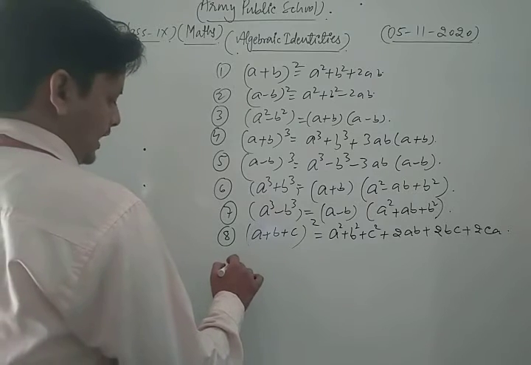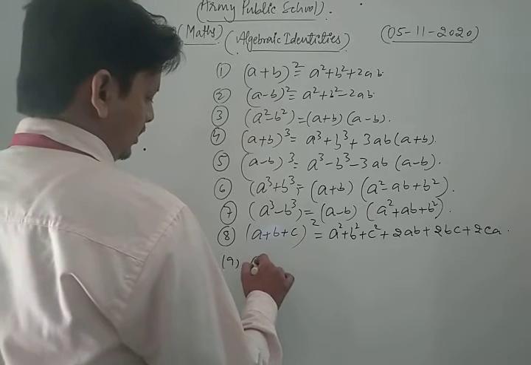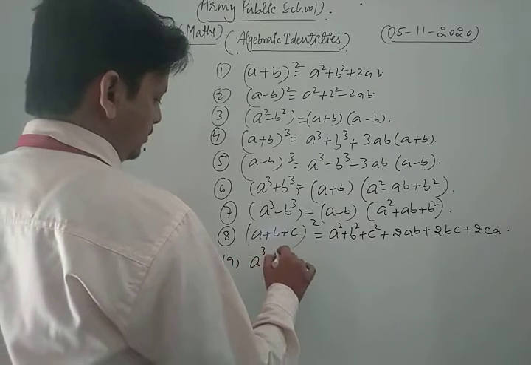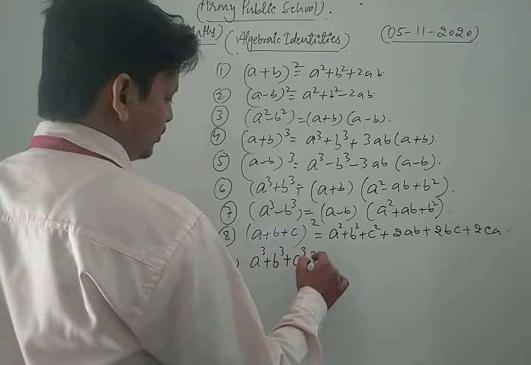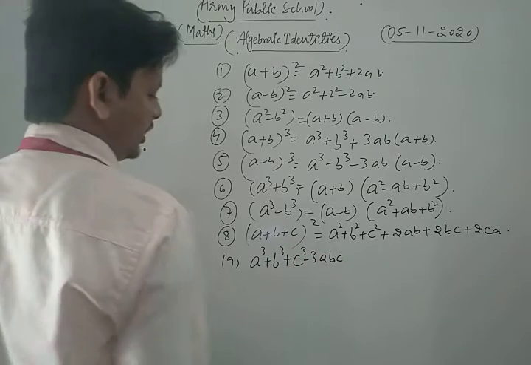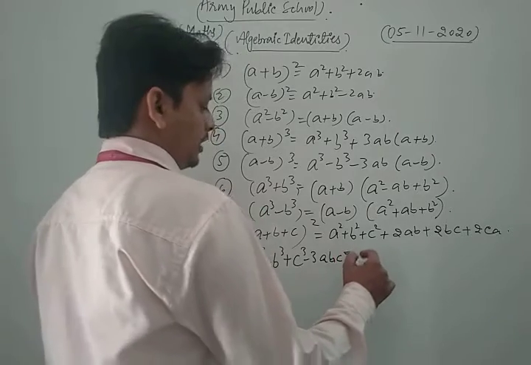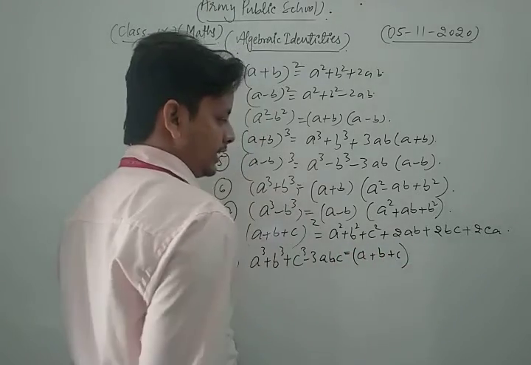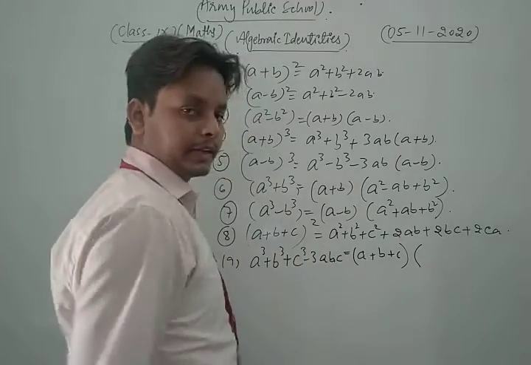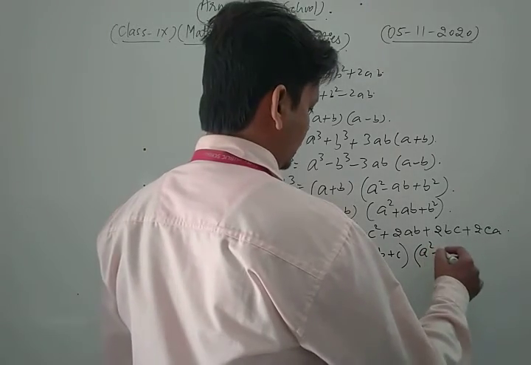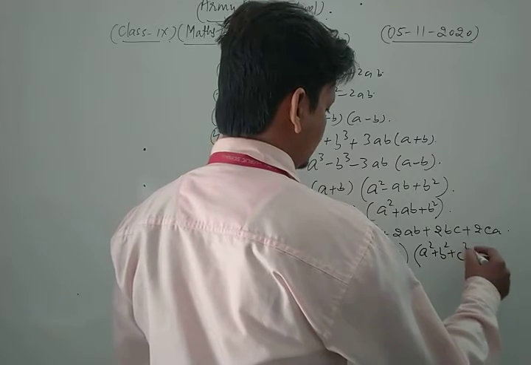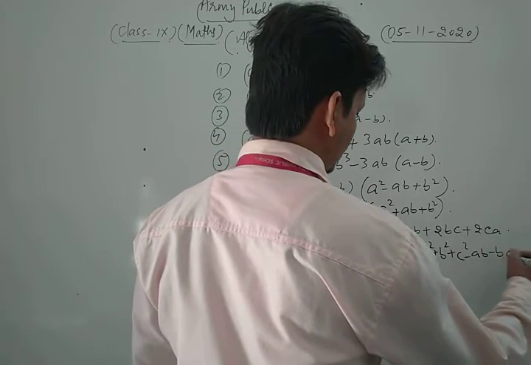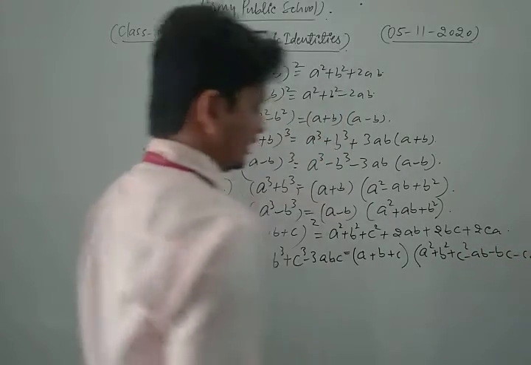And the last one, your ninth algebraic identity, is a cube plus b cube plus c cube minus 3abc is equal to what? It is equal to (a plus b plus c) in one bracket and in another bracket, dear students, (a square plus b square plus c square minus ab minus bc minus ca).